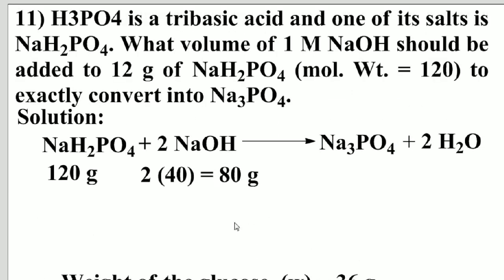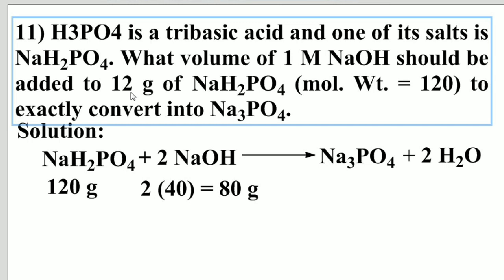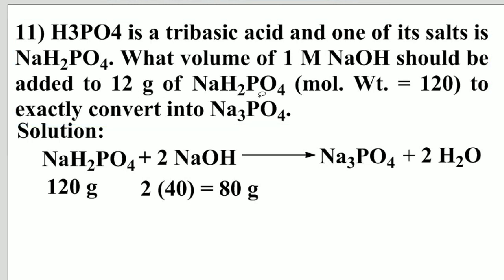Here, students, see, 12 grams of NaH2PO4. For 12 grams of NaH2PO4, how much sodium hydroxide should we add? From the above equation, for 12 grams of NaH2PO4 we should add 8 grams of NaOH.